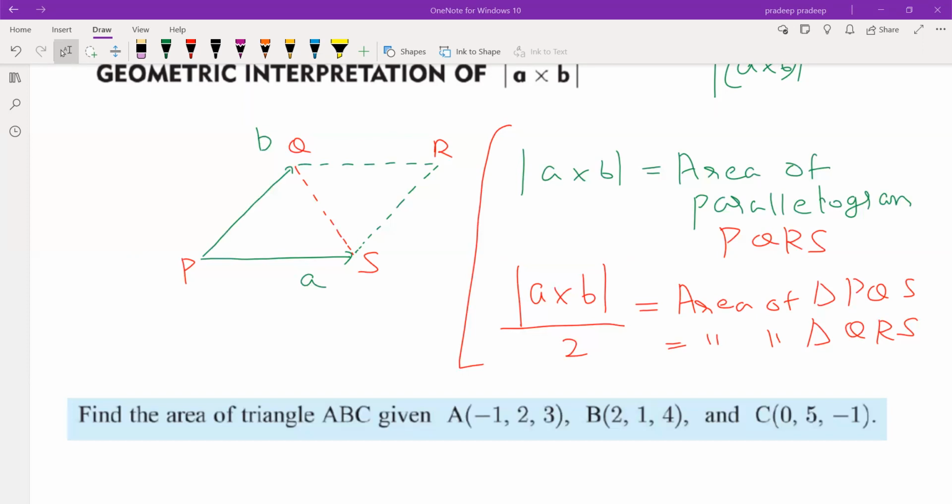Try to solve this question and tell me if anyone gets the approach, at least how to solve this.